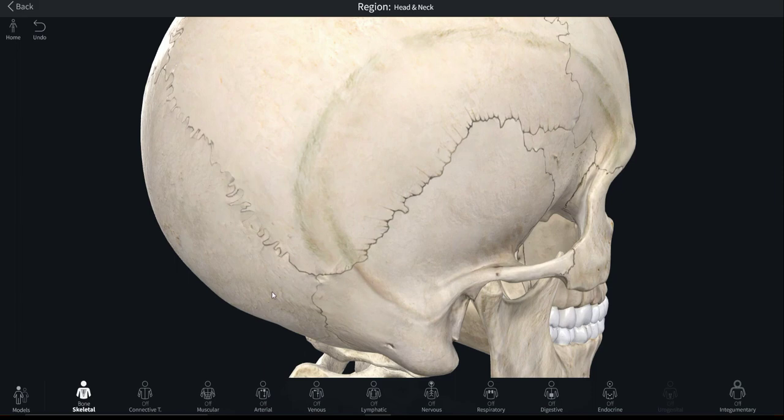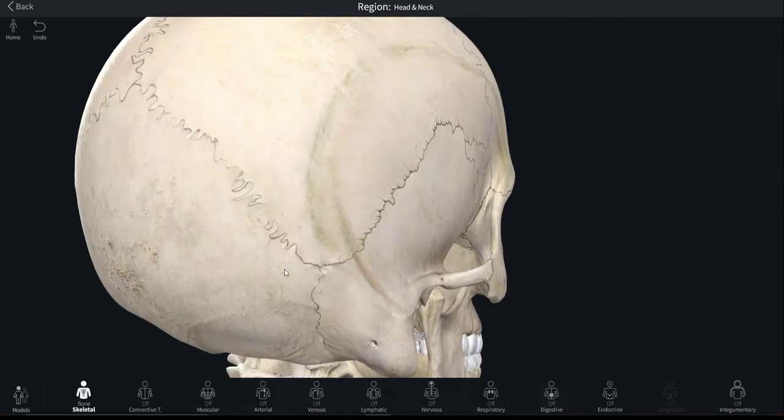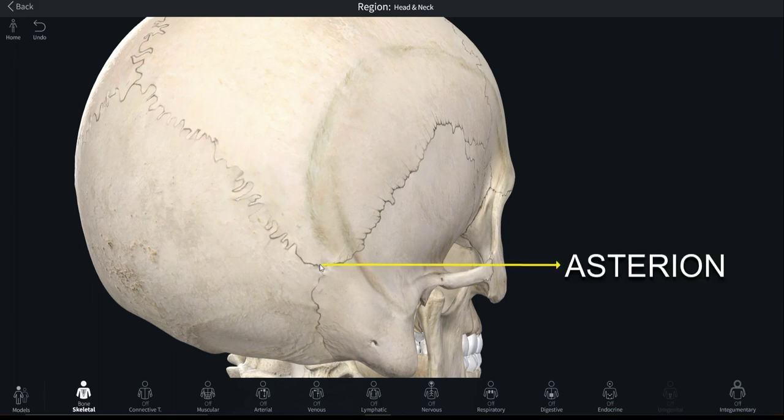The squamous part of the occipital bone. The mastoid part of the temporal bone and the squamous part of the occipital bone, articulating with the posterior inferior angle of the parietal bone together. Their meeting point over here, very beautifully demarcated, is known as the asterion. Quite a beautiful name as well.